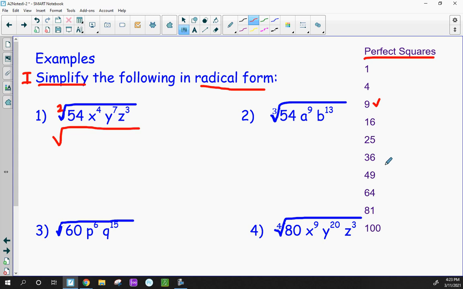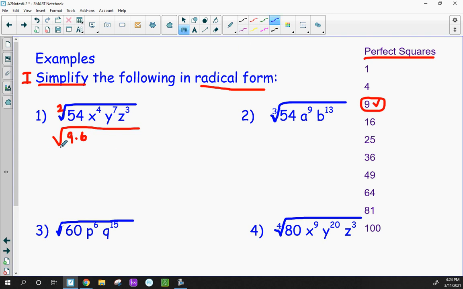Does not work. 49 is too close. 64 is too big. So 9 is the perfect square number that will nicely divide into 54. And so your job is to write 54 as factors, 9 times 6.